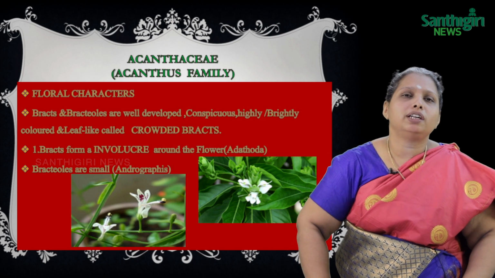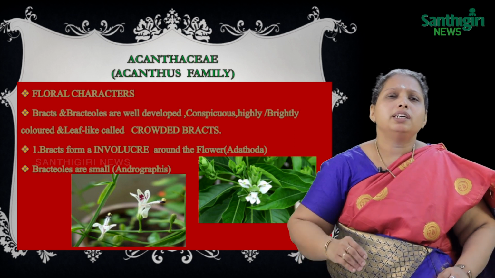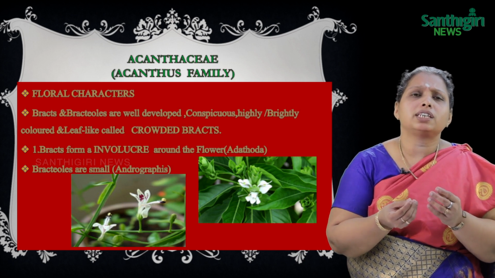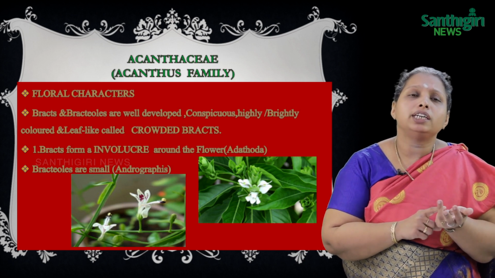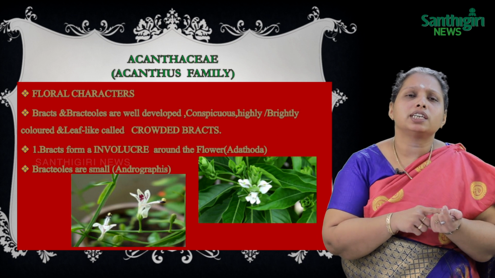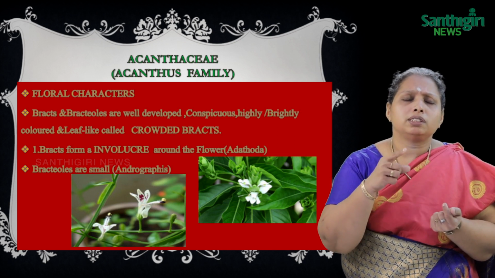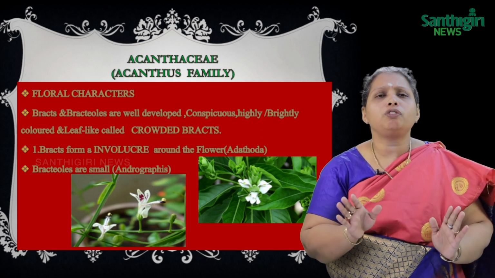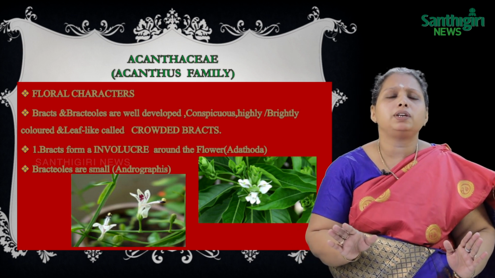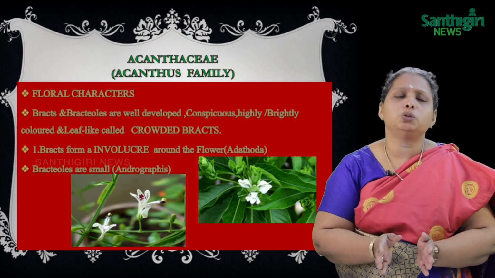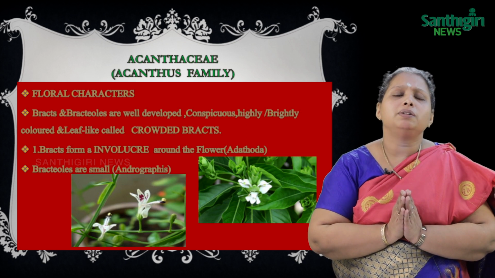The next characteristic features of flowers are zygomorphic, all irregular in appearance, tetramerous or pentamerous, complete, bisexual, hypogynous. All families coming under Bicarpellatae are hypogynous with two carpels.